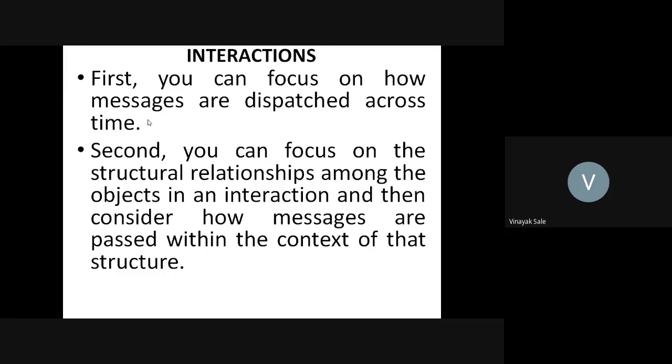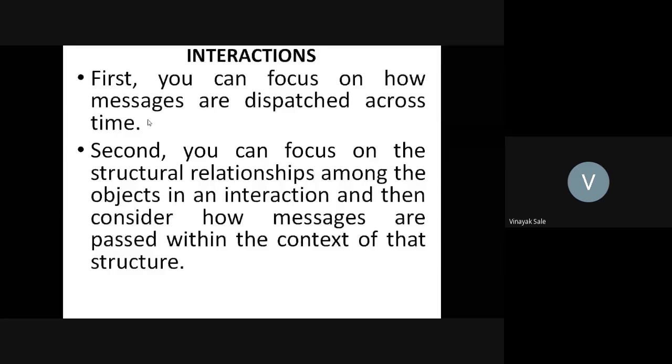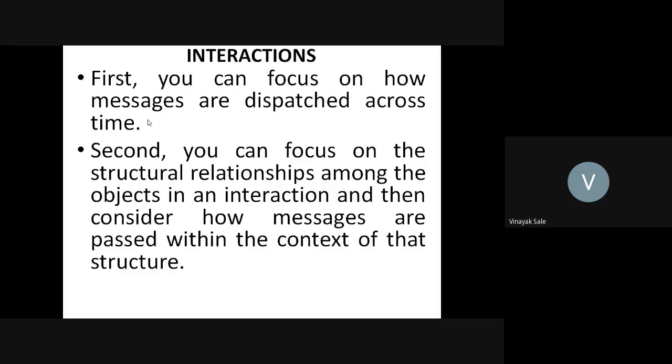You can reason about these flows in two ways. First, you can focus on how messages are dispatched across time. And second, you can focus on the structural relationship among the objects in an interaction and then consider how messages are passed within the context of that structure.